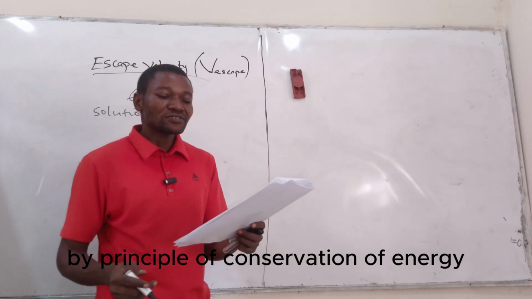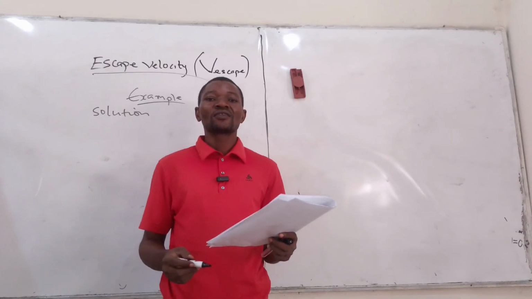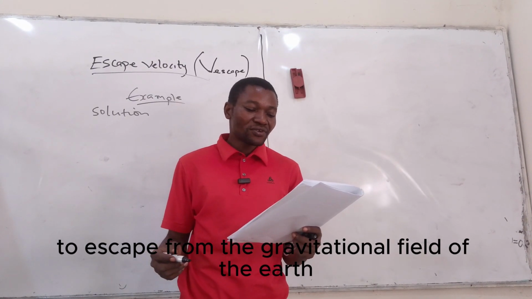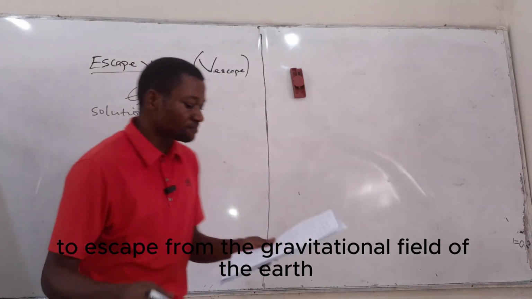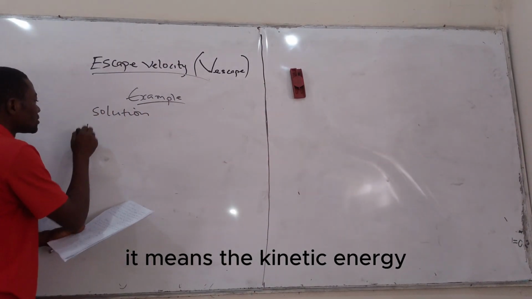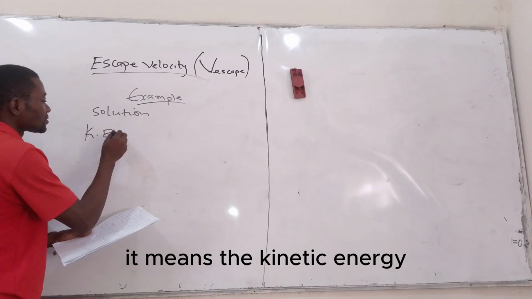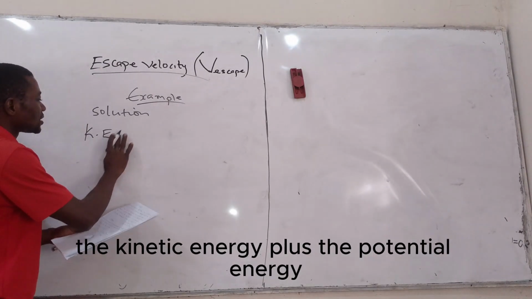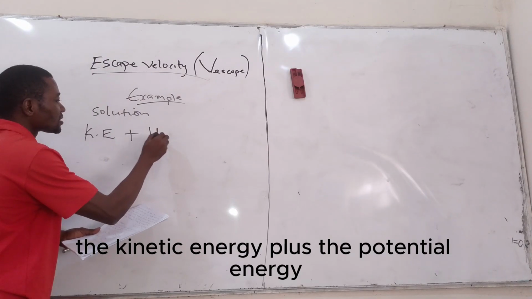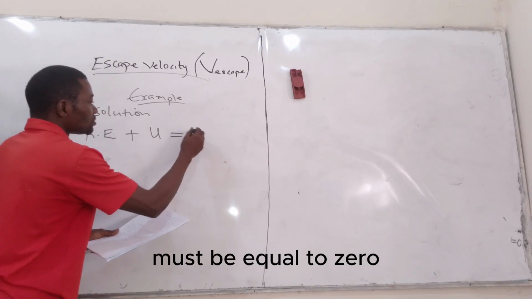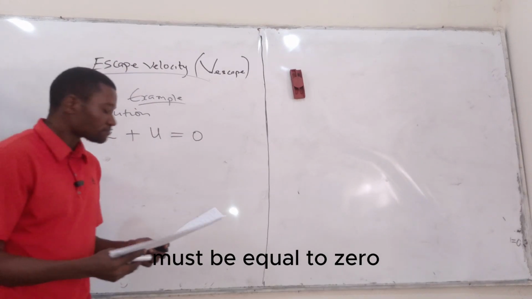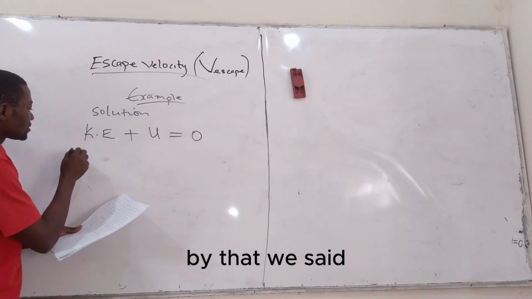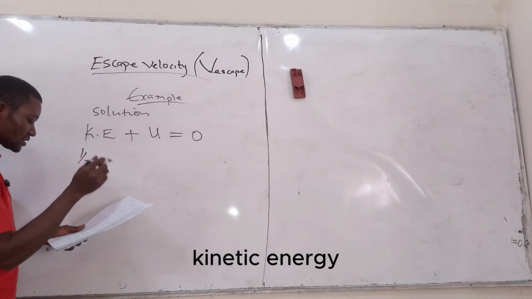By the principle of conservation of energy, for the rocket to escape from the gravitational field of the Earth, it means the kinetic energy plus the potential energy must be equal to 0. By that, we said kinetic energy plus potential energy equals 0.